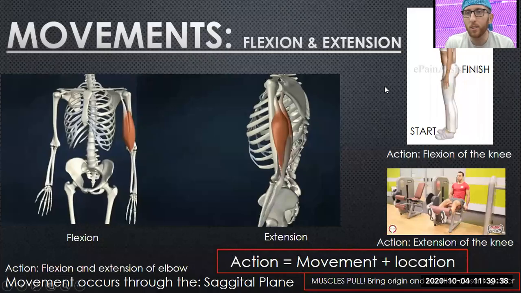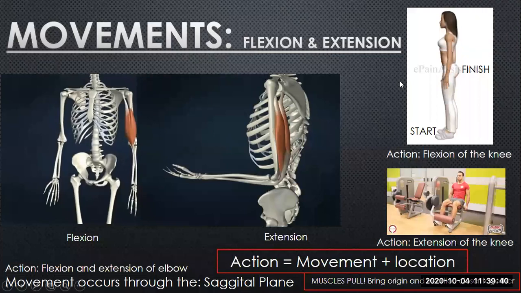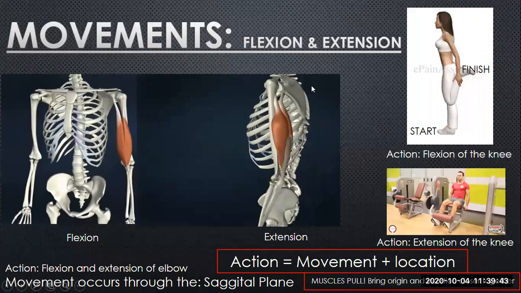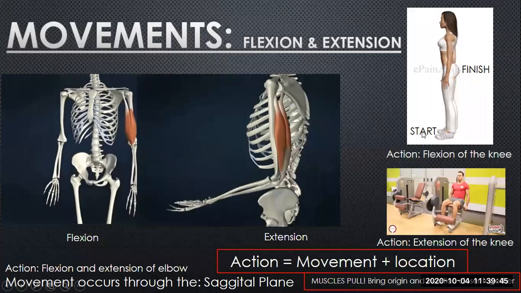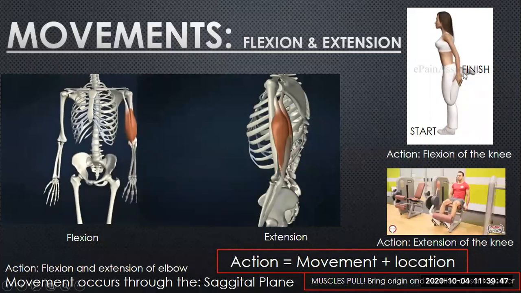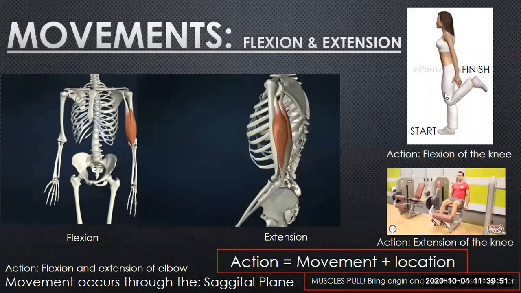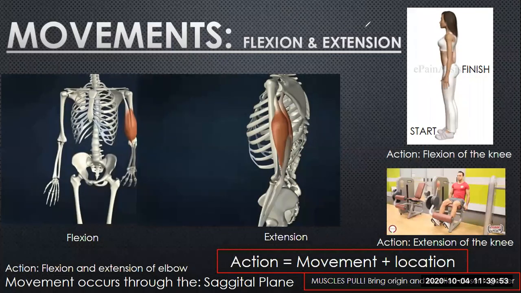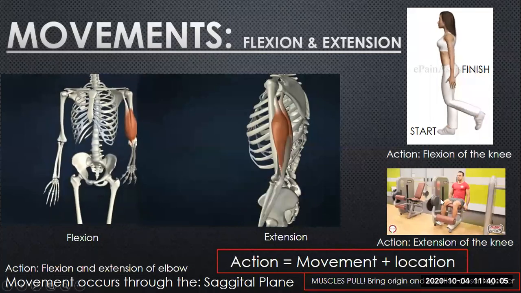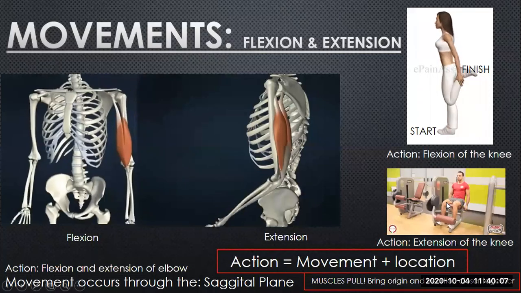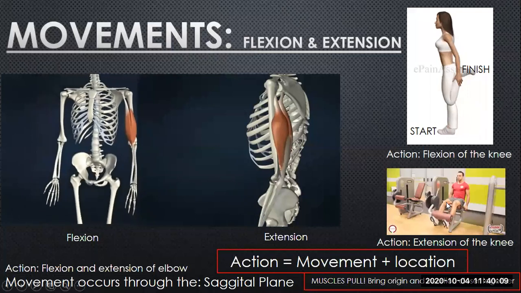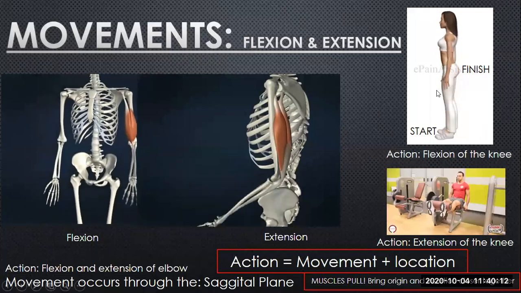And the first action we'll look at, I'll close my box here, is flexion and extension. Flexion is like bending your knee all the way to where there's a small angle at your knee joint. That would be flexion. But extension is the opposite. Extending is straightening your knee all the way. And that would be knee flexion, knee extension.